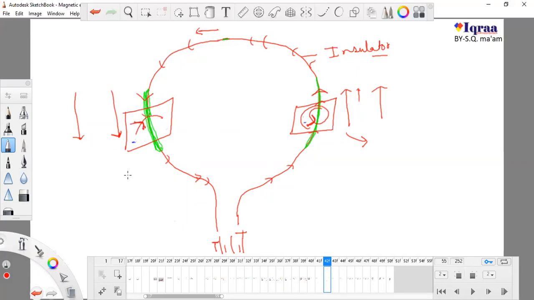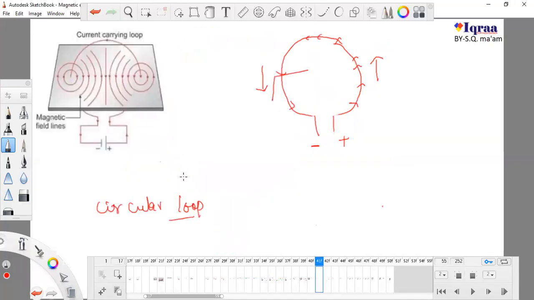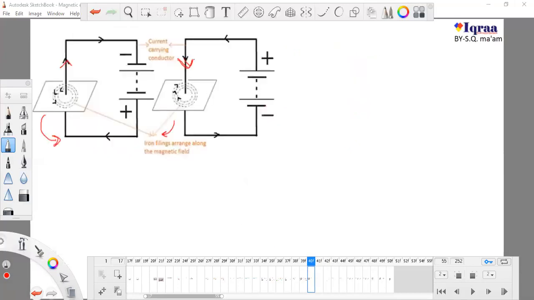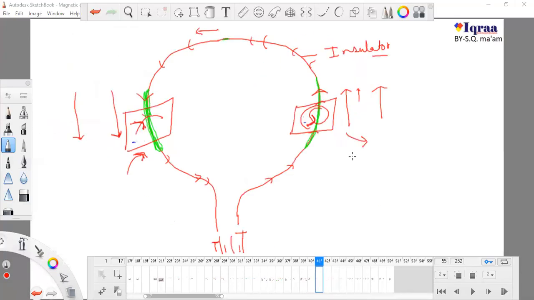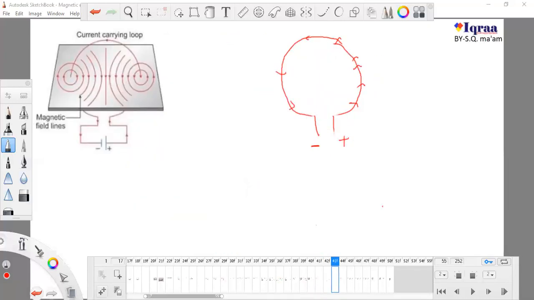So here it is this direction. This is exactly what I wanted to tell you. This is our conductor, and this is how magnetic field lines are created. The direction you can observe easily.